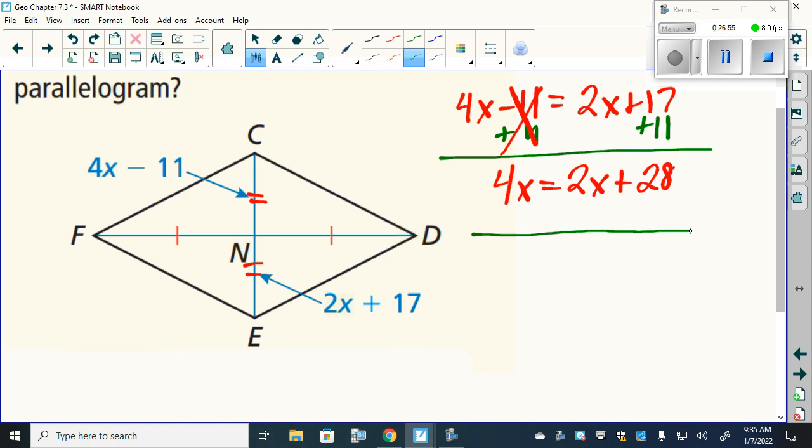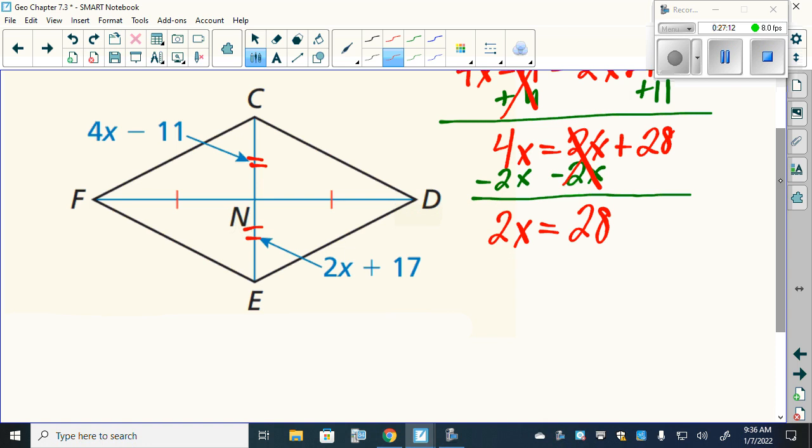Then what would we do? Subtract 2x. 4x minus 2x is 2x, and 2x minus 2x is 0, leaving us with 28.